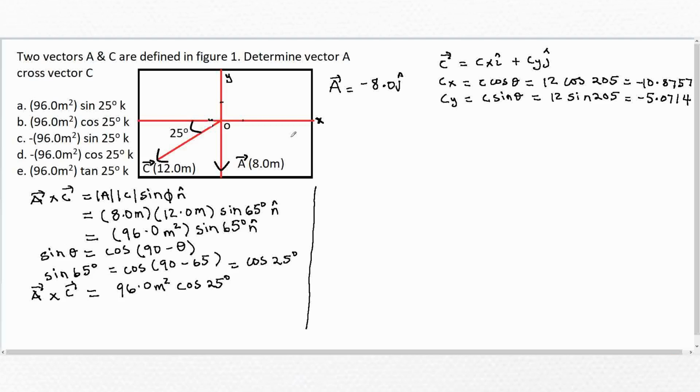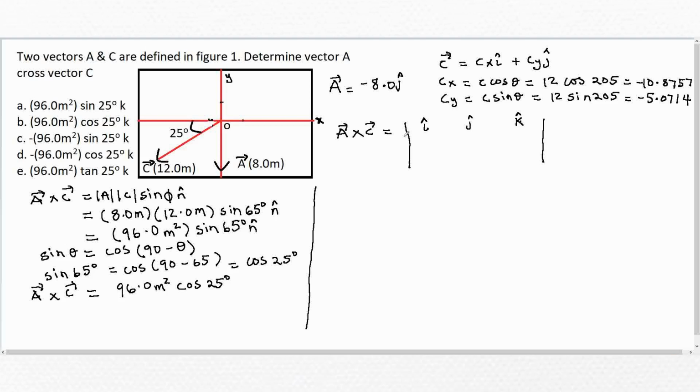So now we can calculate A cross C. The cross product between A and C is equal to the determinant of the 3x3 matrix between A and C. The first entries are the unit vectors i, j, k.